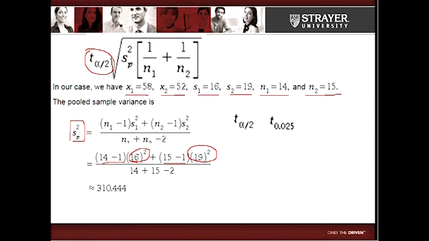And so note that the pooled variance is 310.444.